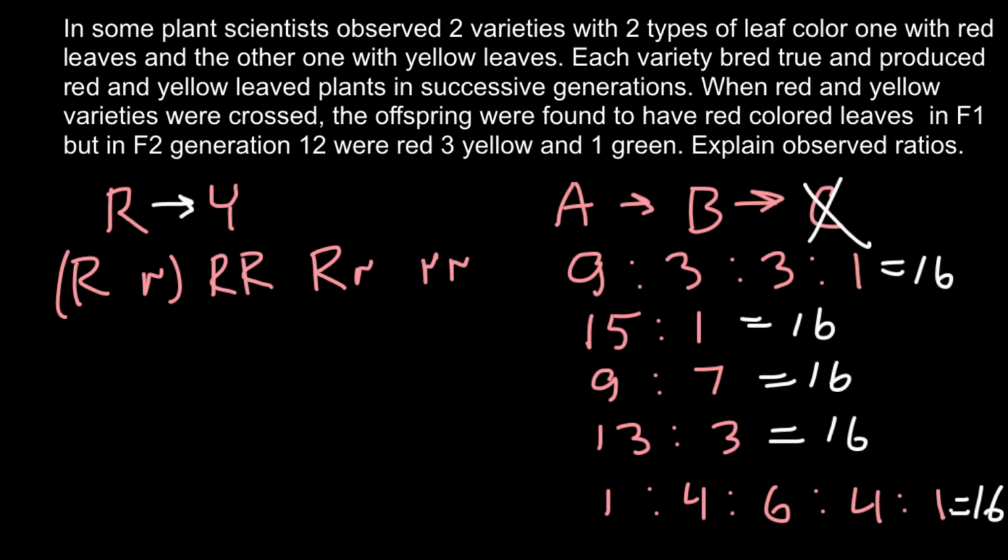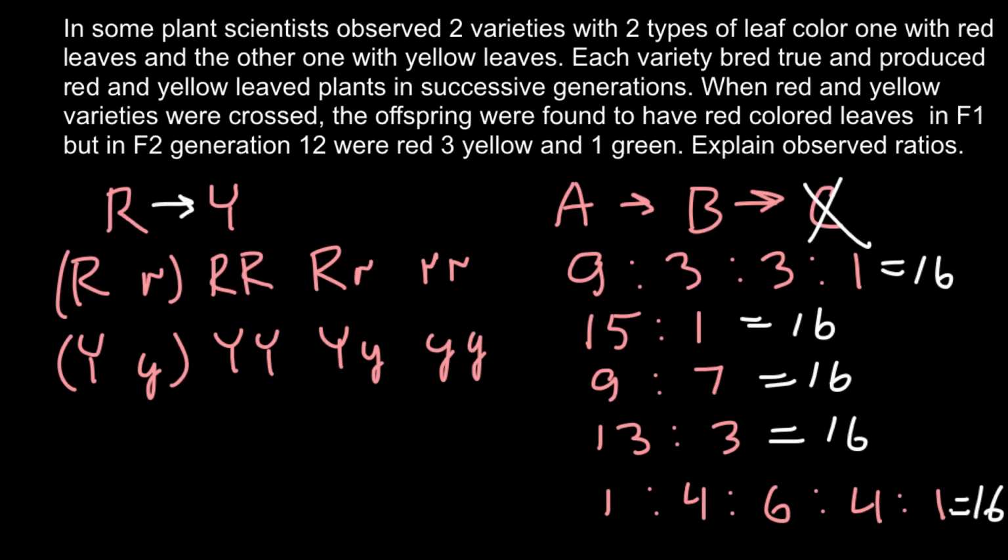And say this gene also may have two alleles, dominant and recessive. And once again, these two alleles in a diploid organism can produce the following genotypes: capital Y capital Y, capital Y small y, and small y small y.